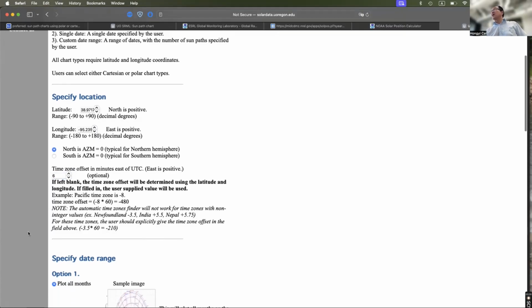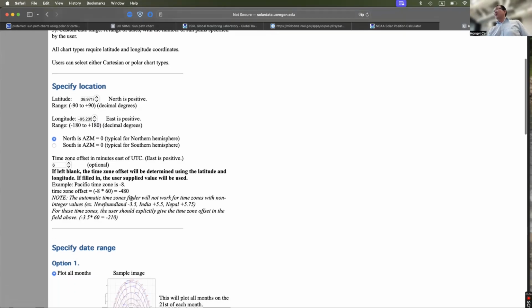We are actually negative, because we are on the west side of Greenwich, right? Greenwich time zone is 0, and then the Pacific time zone is -8. Oh, okay. So we should use -6. I'm sorry, use -6 because it says Pacific time is -8, then we are -6.